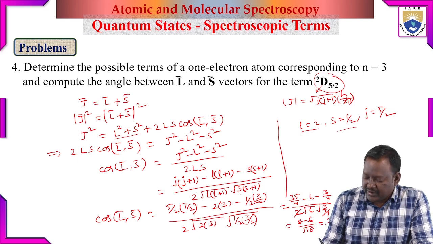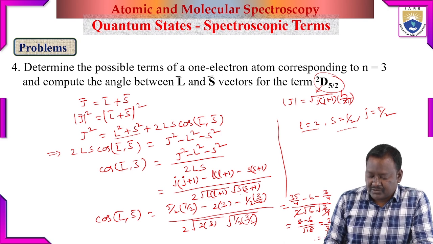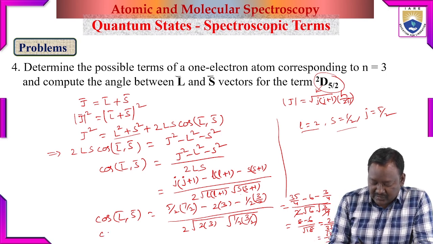So 2 by root 18. 18 means 9 into 2, so root 18 is 3 square root of 2. So this is equal to square root of 2 by 3. So cos of (L, S) equals square root of 2 by 3.